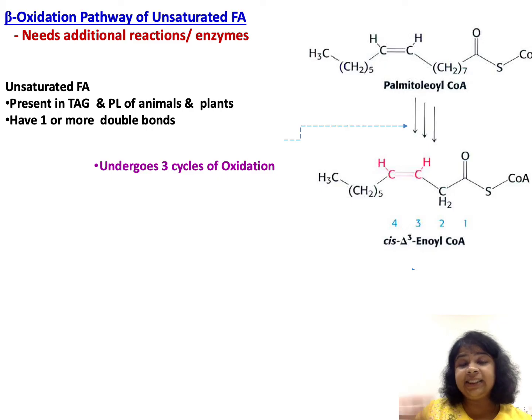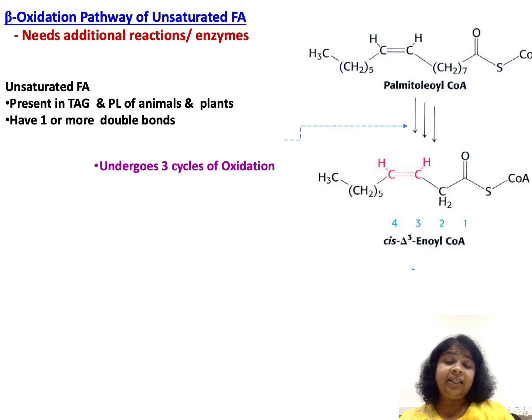In 3 cycles 6 of them will be released, and we are left with CH2, and then CH, there is a double bond that is present here at the beta position. This is a cis delta 3 enoyl CoA.